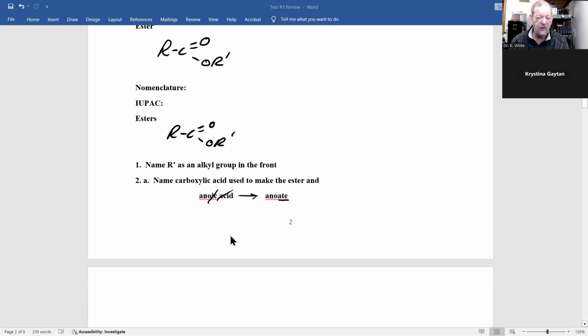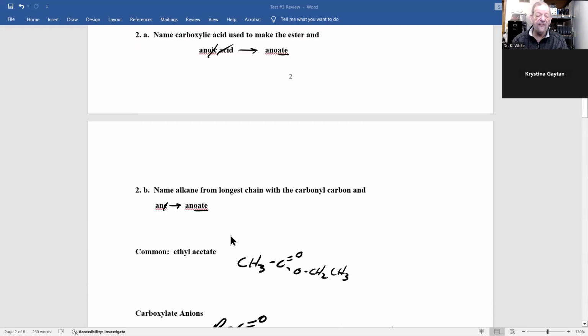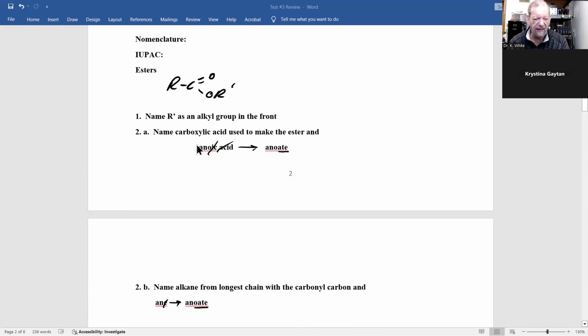Now, a student of mine a number of years ago came up with another one for all carboxylic acids essentially, except when R is benzene. And that's name the longest chain, including the carbonyl carbon. Well, first of all, you still do step one. R prime is an alkyl group in the front.